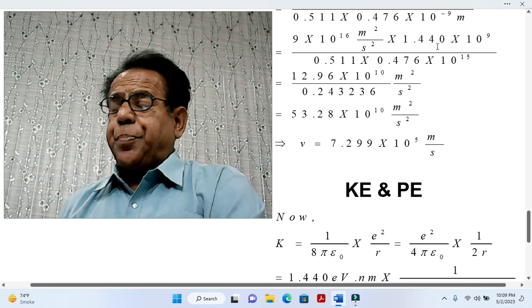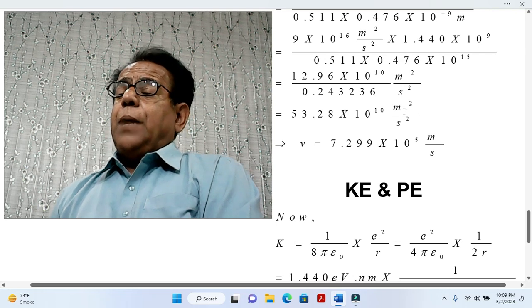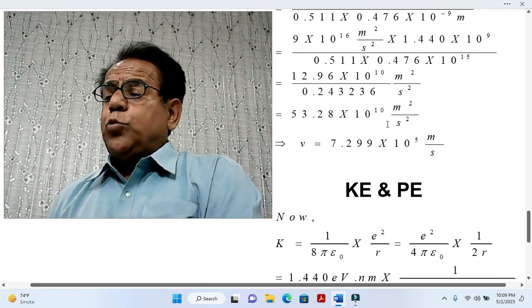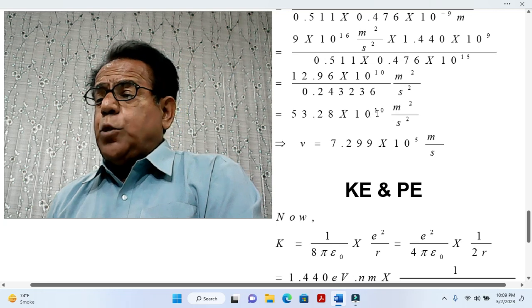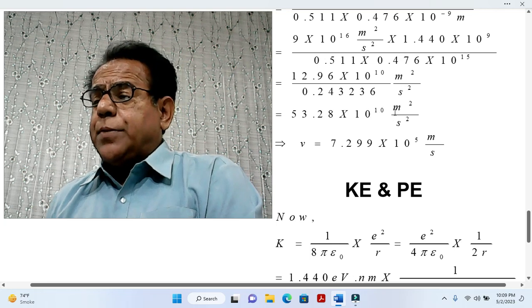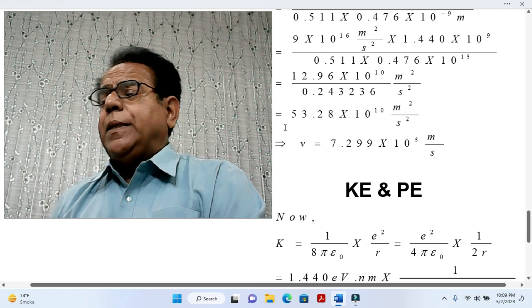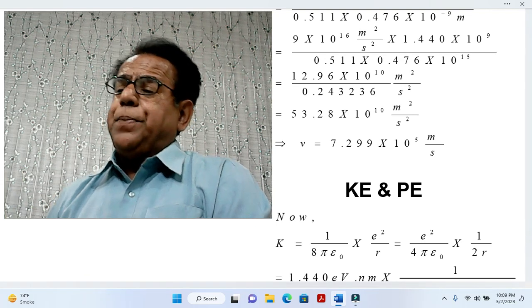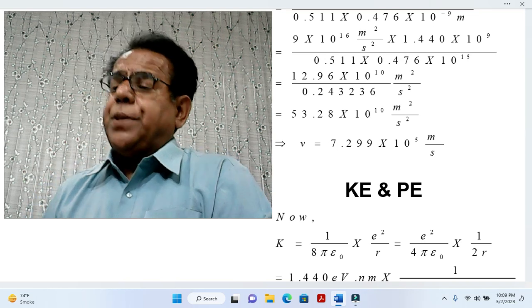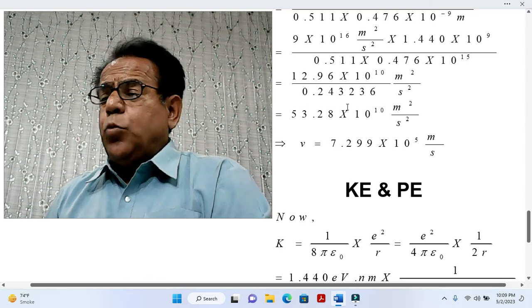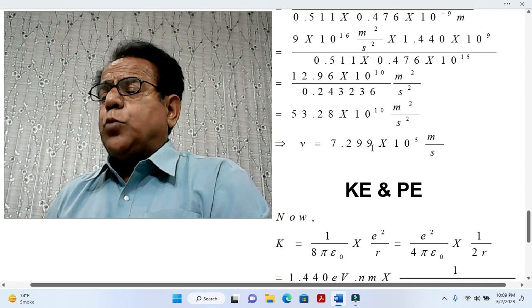From here, the square root of 10 raised to the power 10 will become 10 raised to the power 5. Moreover, the square root of this will become meter over second; the square will be eliminated and simply meter per second will appear. And the square root of this will become 7.299.